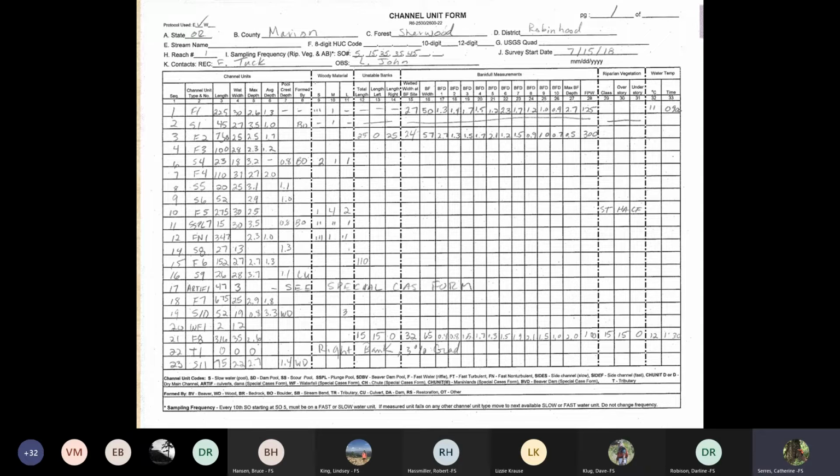The data sheet, the channel unit form? Yep. Okay, cool. My setup isn't conducive to this. Now it seems like it's gone. Sorry, I'm getting back to this here. Okay, you guys still can see the data sheet?